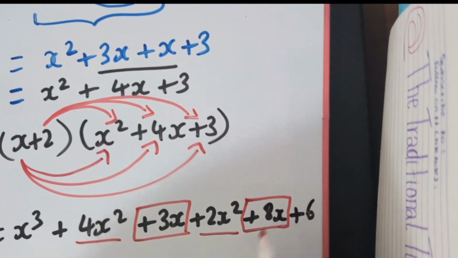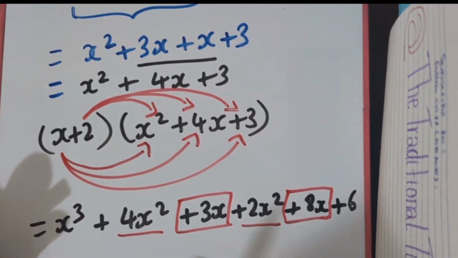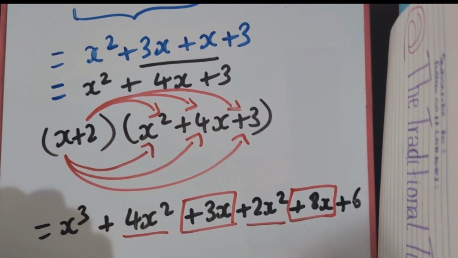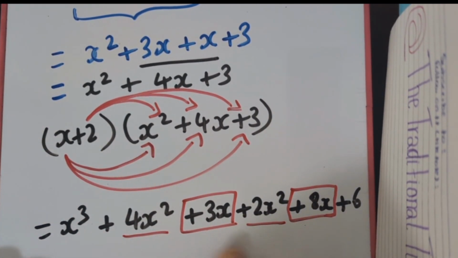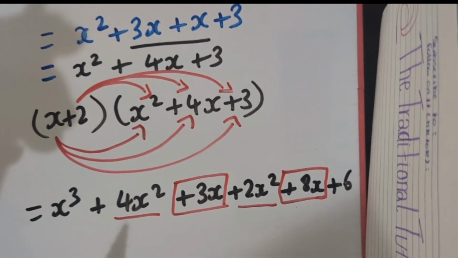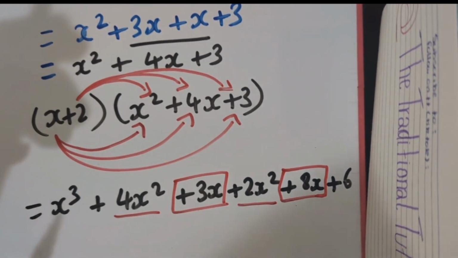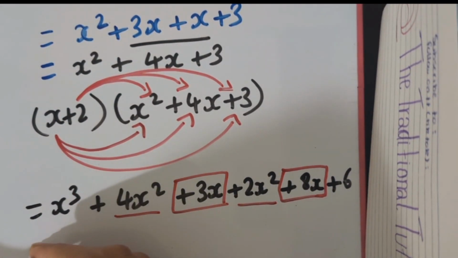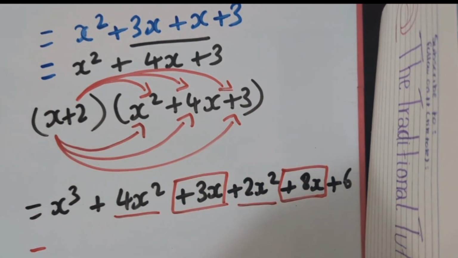I like to differentiate between my like terms by drawing lines or boxes, making a little key to help me see exactly what my like terms are. Or you can use a different color pen and underline all your like terms together. Now I'm going to collect them.